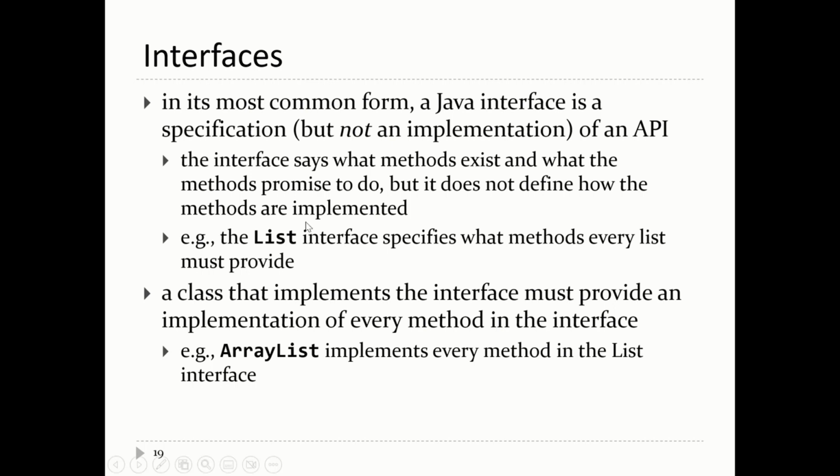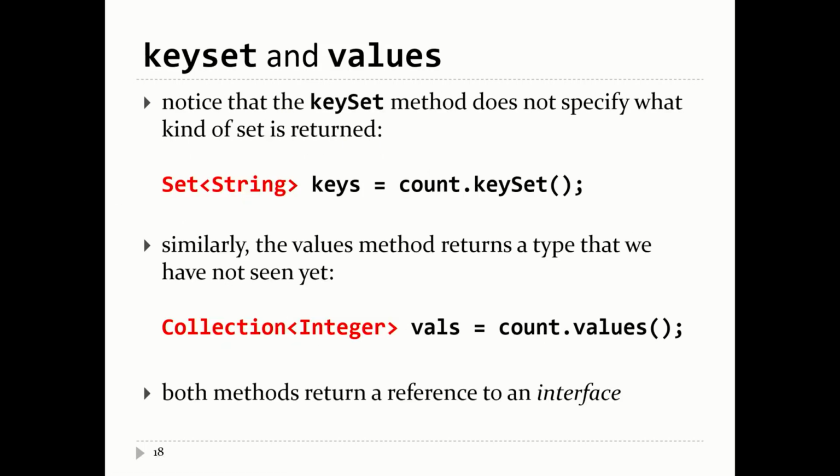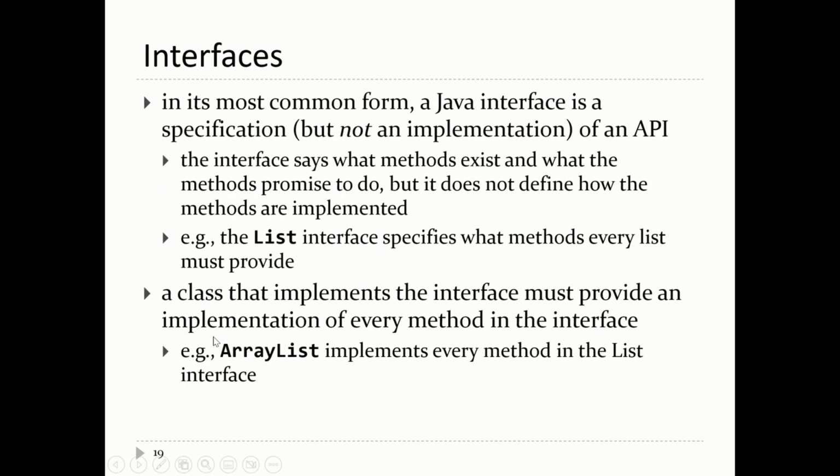For example, the List interface, so List is also an interface, specifies what methods every list must provide. The Set interface specifies every method that a set must provide. And I'll explain what a collection is in just a minute.